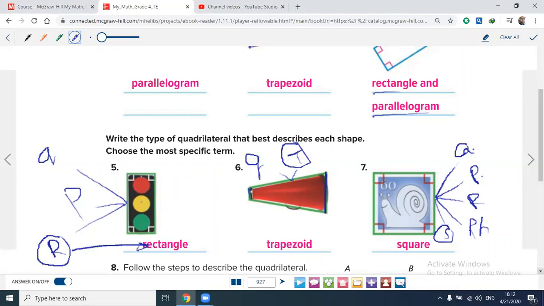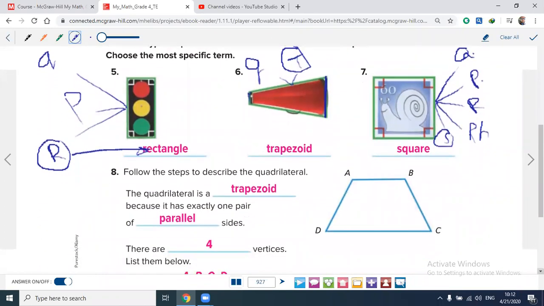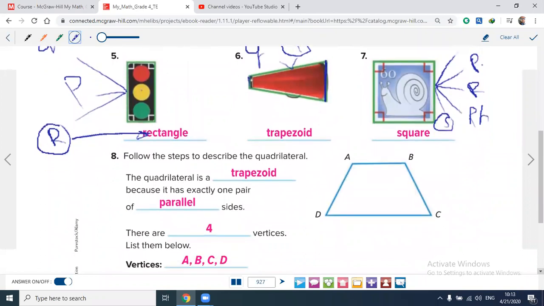Okay, let's go to the next one, number 8. Here, as you see, I can write the description of this quadrilateral. I have only one pair of parallel sides. Follow the steps to describe the quadrilateral. The quadrilateral is a trapezoid. How do I know this is a trapezoid?